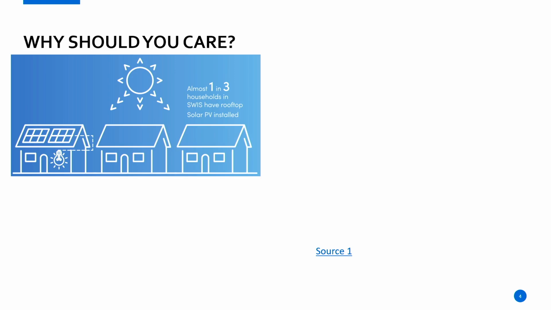So I'll start with the question, why should you care? I'd like to talk a little bit about the situation in the city I'm living in at the moment, Perth, over in West Australia. It is currently estimated that 1 in 3 homes in the Perth metro area currently have solar PV installed on the roofs of their homes, which is amazing.